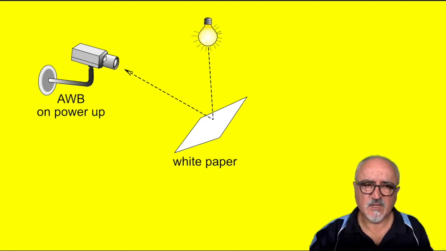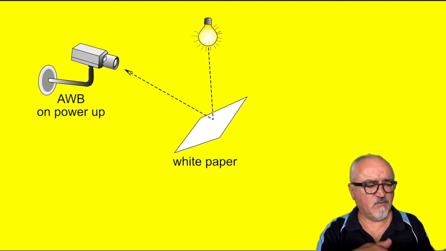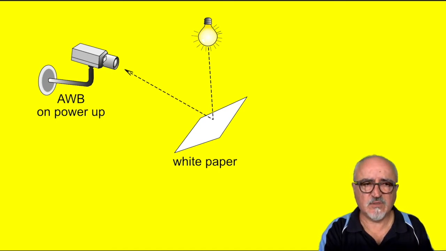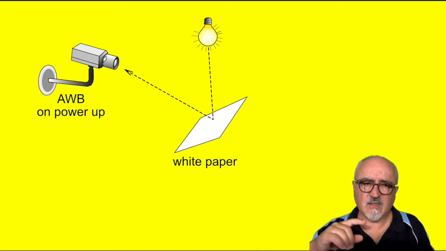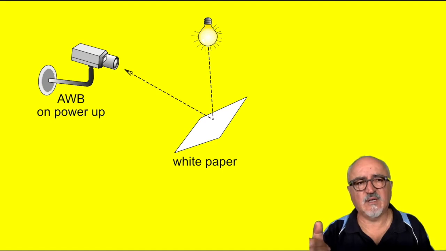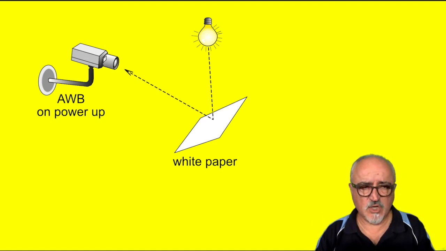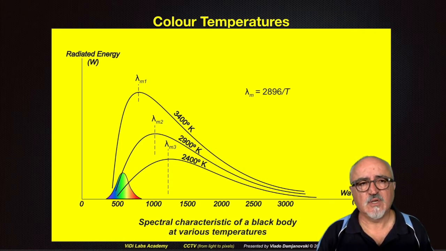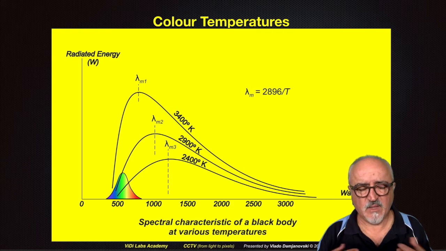As soon as you turn on the camera, automatically the first thing it does is check what is the color temperature of that image, how much it is shifted to one or the other side, and the camera electronics automatically does automatic white balance adjustment. So the camera, once it's shown a white piece of paper, adjusts itself so everything looks normal to our human eye.